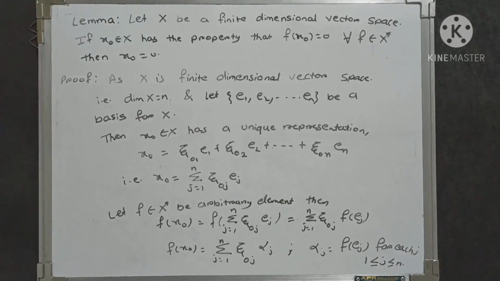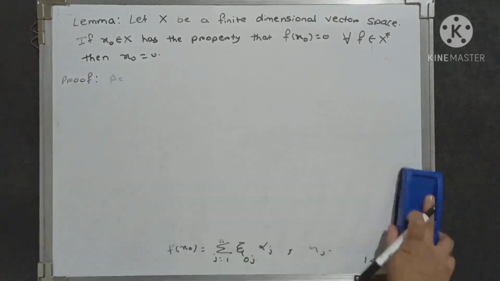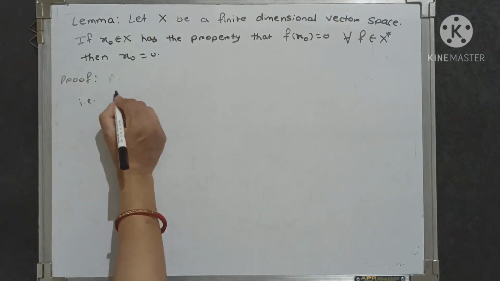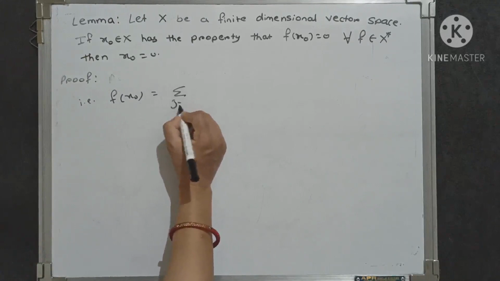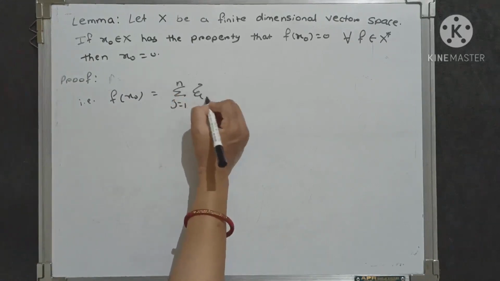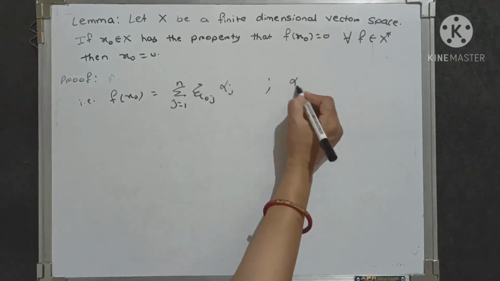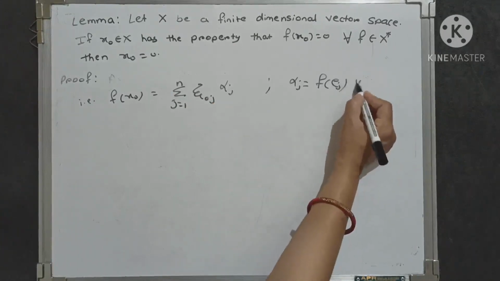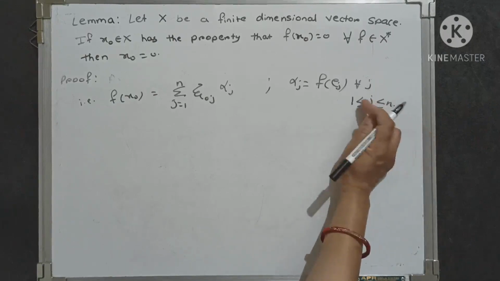Now we are getting the value of f of x naught in terms of xi 0j and alpha j.